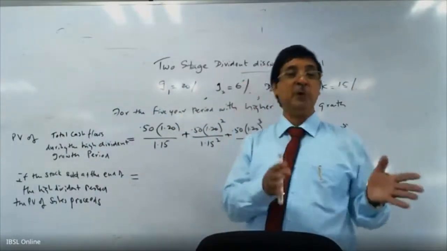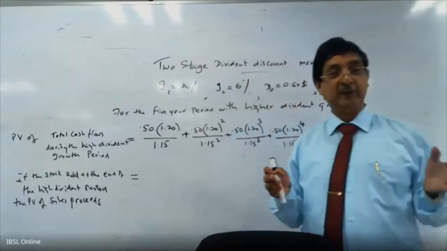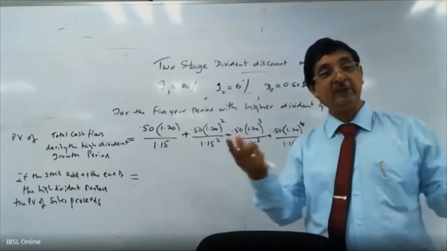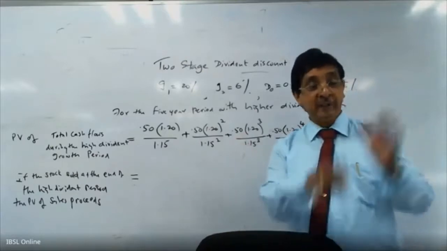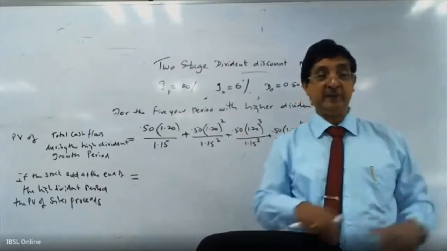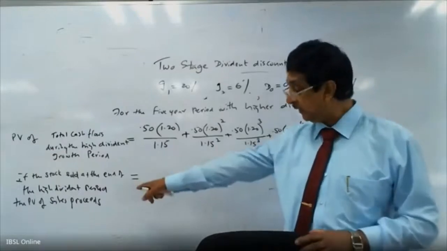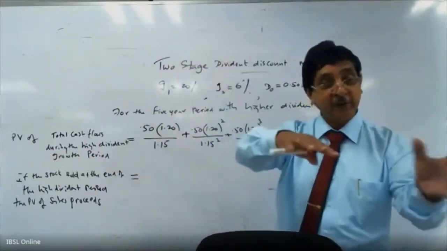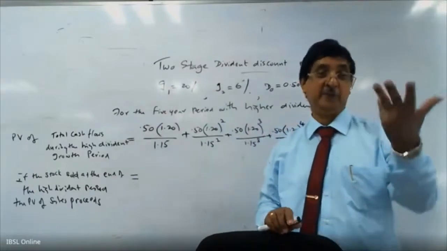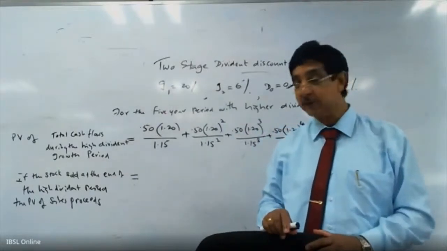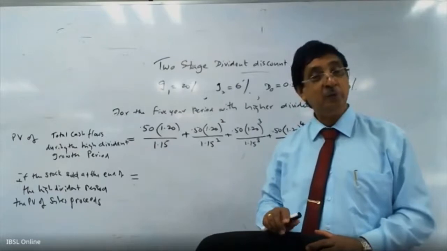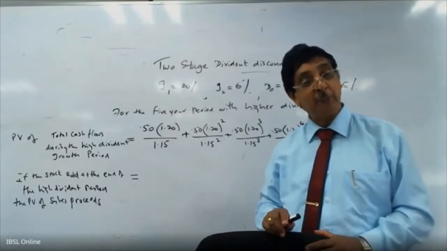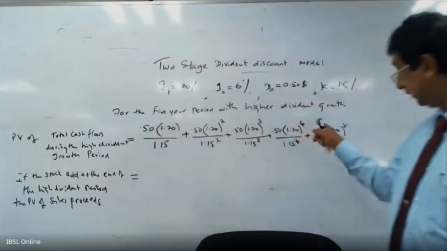Now, what is the formula for the calculation of the selling price? D0 into 1 plus G divided by K minus G. D0 is the present dividend. Now, what is the present dividend at the end of the 5th year period? That is D5. D5 is D0 into 1 plus G to the power 5.